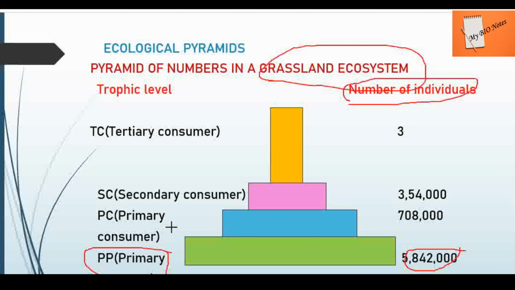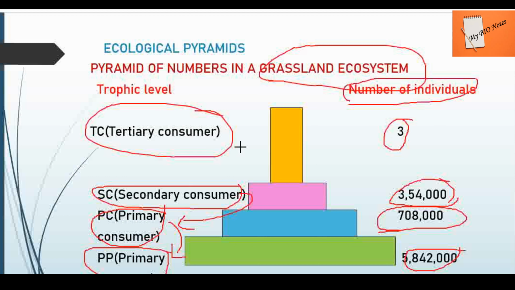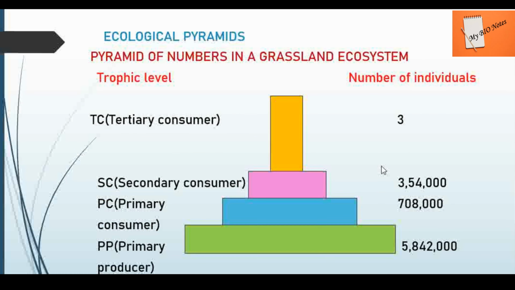They have given the amount for primary producers. The primary consumers feed on the primary producers. Then the secondary consumers, how many individuals there are in the grassland ecosystem, feed on the primary consumers. And the tertiary consumers, 3, feed on the secondary consumers. So this is a pyramid of numbers in a grassland ecosystem, showing the various trophic levels and the number of individuals.